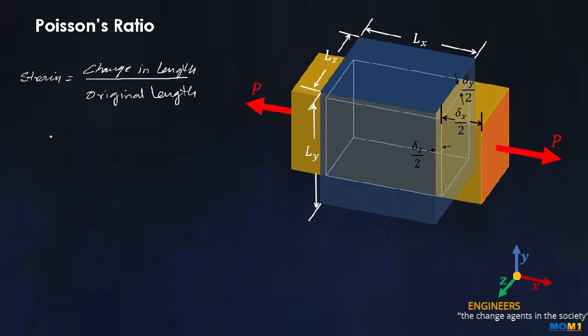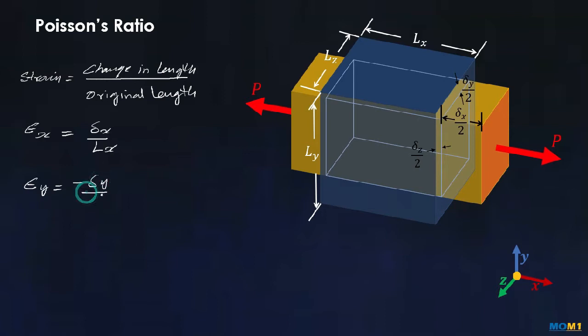Now this strain is represented with Greek letter epsilon. So strain along x-axis is going to be del x upon Lx. Strain along y-axis is going to be minus del y upon Ly. Similarly, strain along z-axis is going to be minus del z upon Lz.